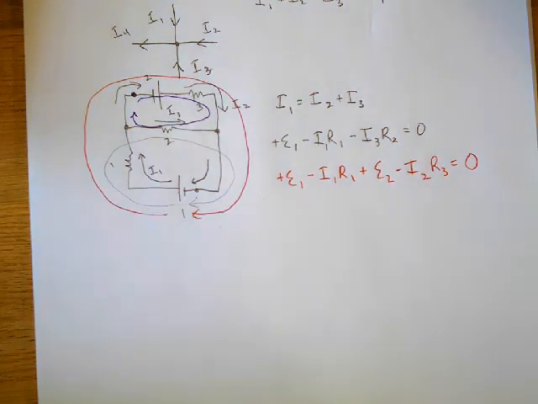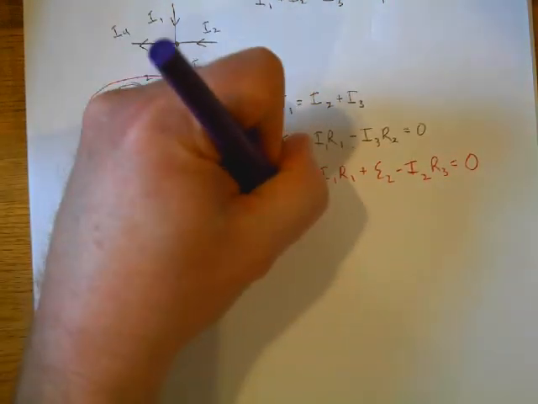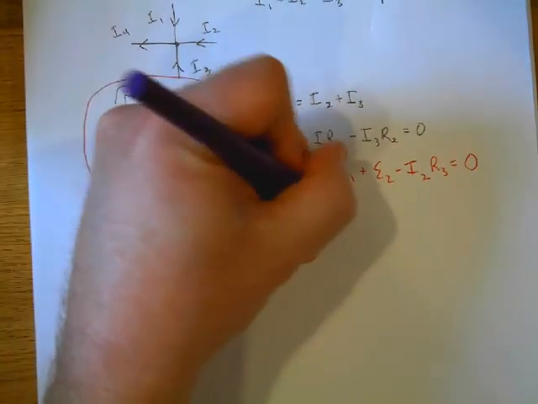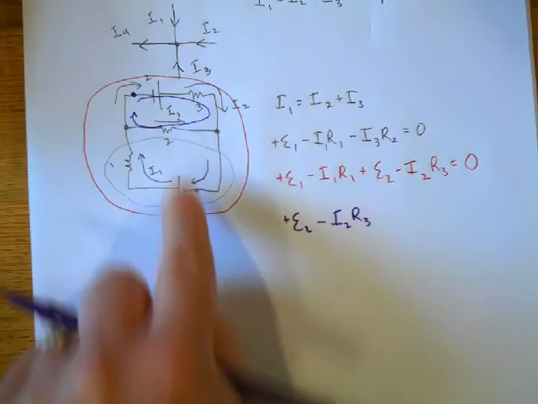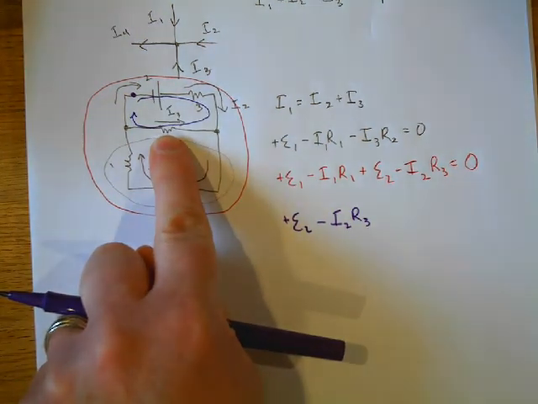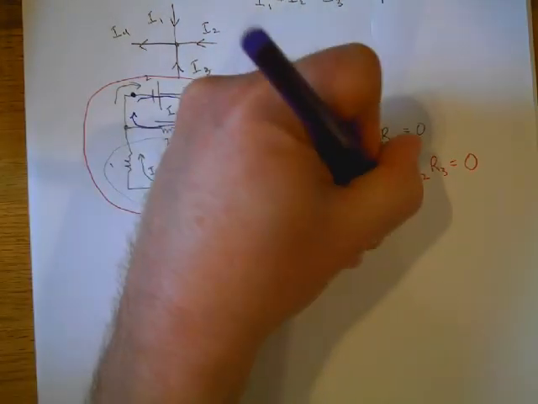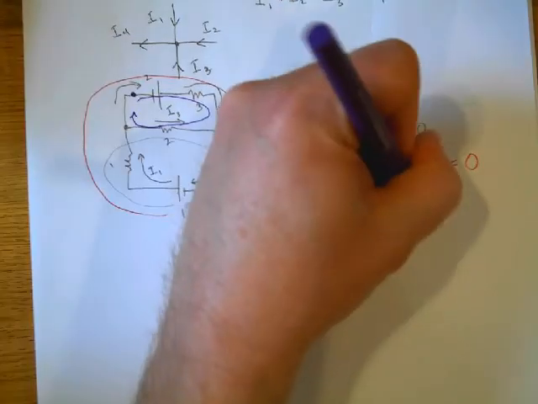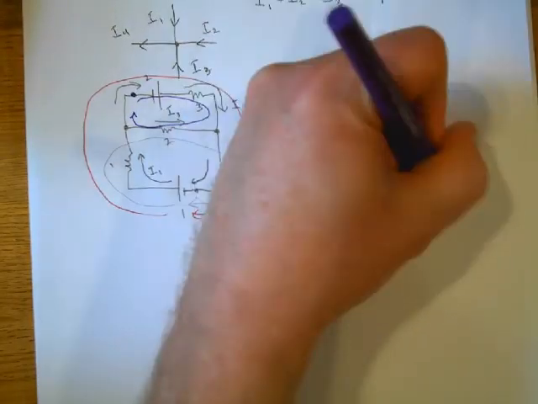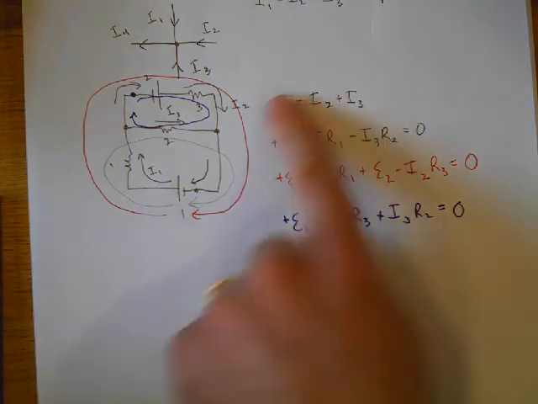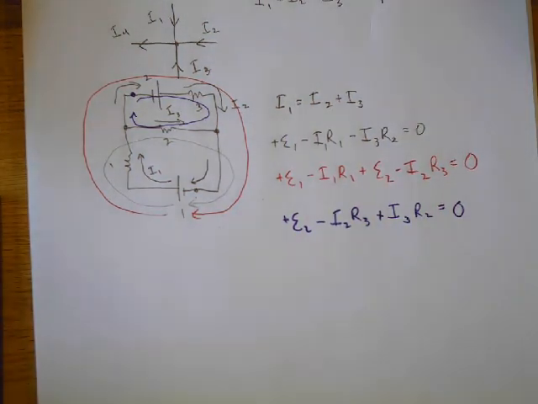Then I would have one last loop here. So let's say I start right there. That would be plus that, minus, and now if you look, do you notice how I'm going the wrong way for this one? So then I would have to write it like this: I3 R2 equals 0.